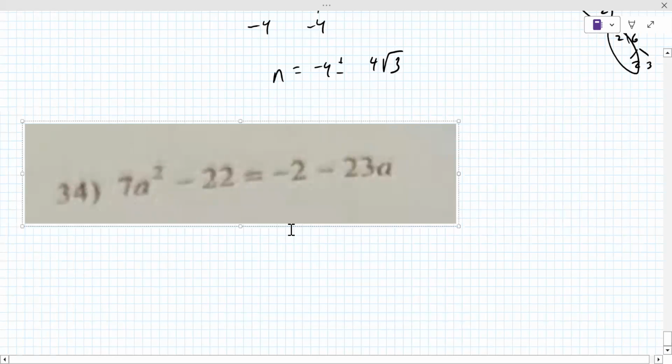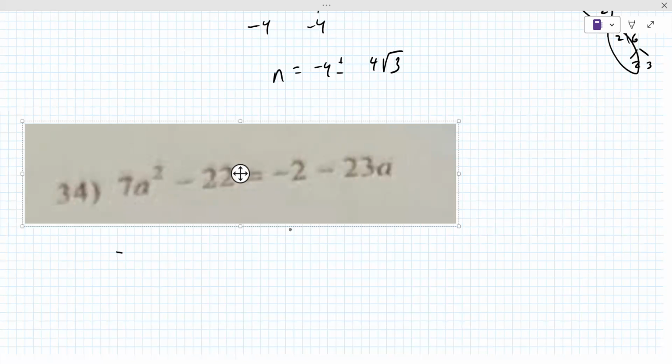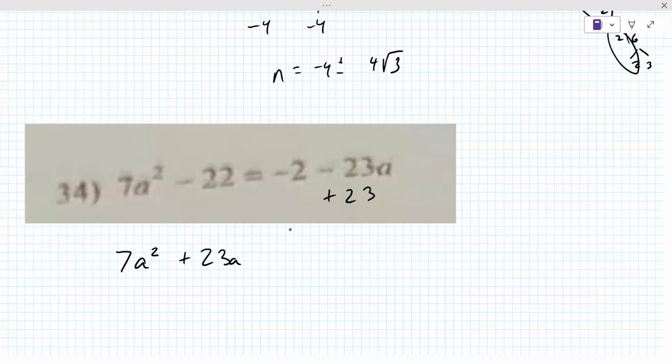All right, so again, probably just best to move everything left. Is that an A? Looks like an A. So we're adding 23a and we're adding 2. So we got minus 20 equals 0. This looks pretty bad.